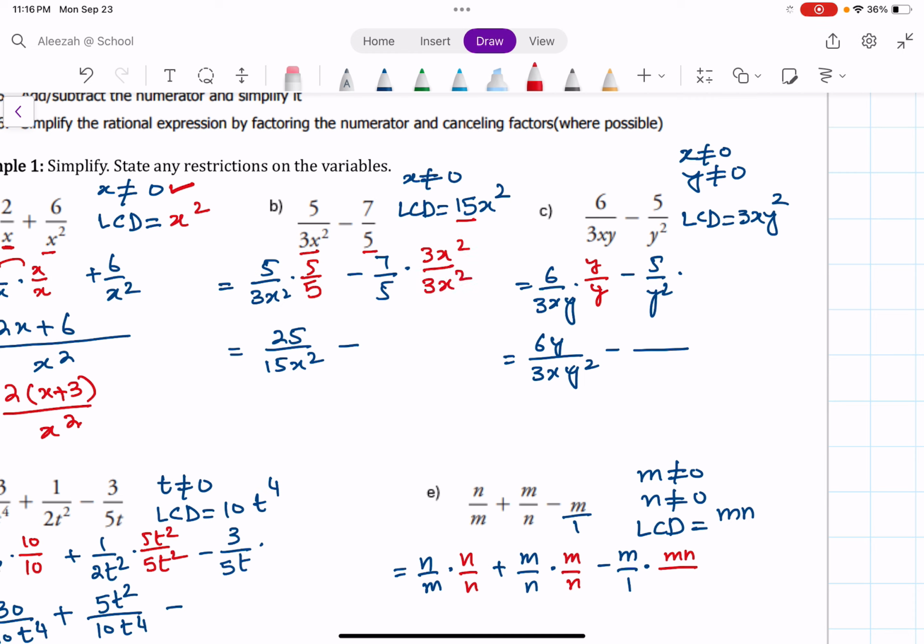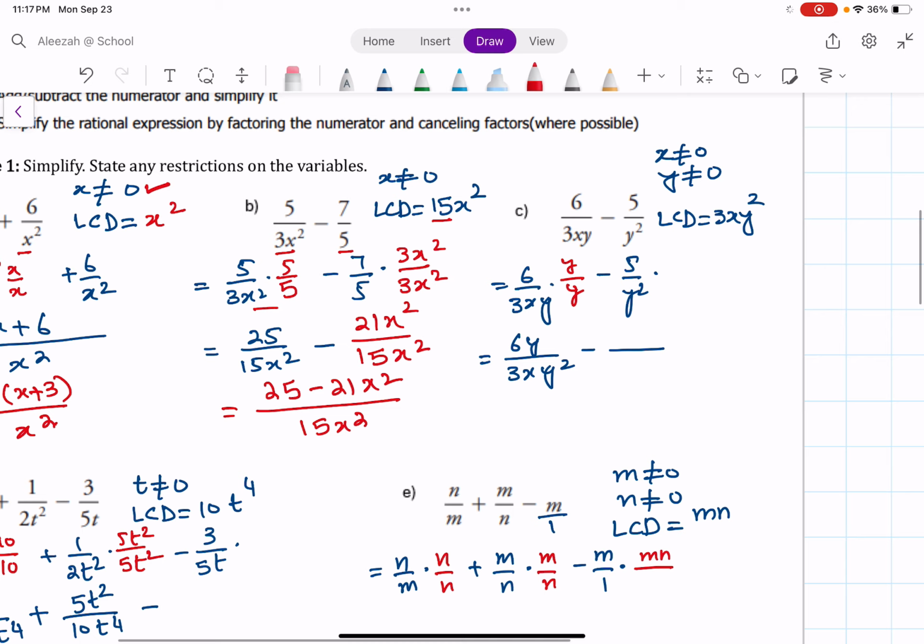From here I got 25 over 15x squared, and for that I got 21x squared over 15x squared. The common denominator is 15x squared. In the numerator I have 25 minus 21x squared. That's my answer. I can't simplify it any further.